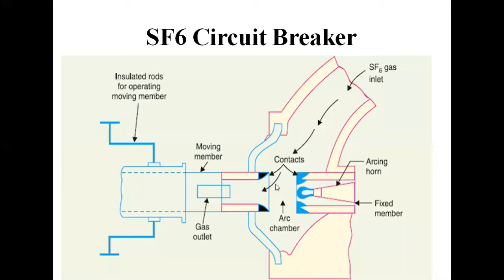Both are hollow in the sense that SF6 gas can move through both sides. In between these two contacts, we have an arc chamber. The arc chamber is the place where the moving contact and fixed contact separate.